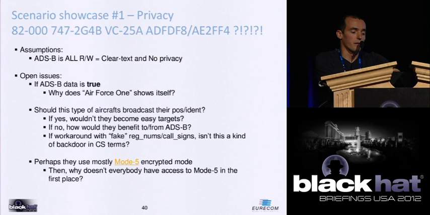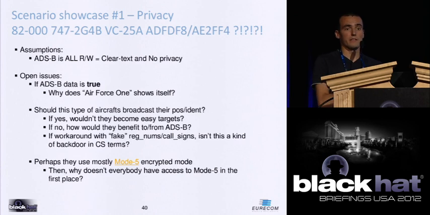Open issues like, should this aircraft broadcast their position or not in the first place? If it's a yes, wouldn't they become an easy target? If it's a no, then they lose all the benefits of the technology. But the idea is this technology should broadcast that data in order to have a higher vision of the air traffic.